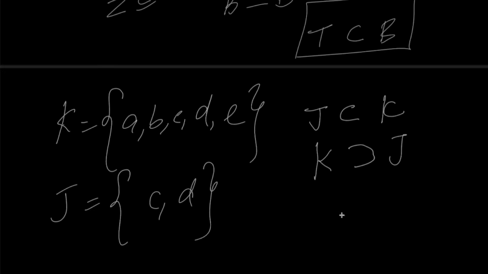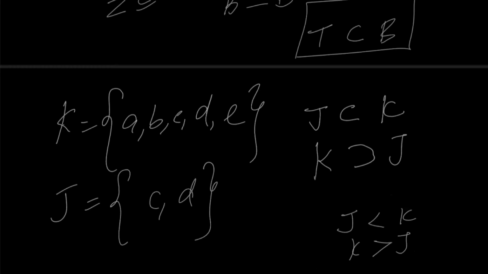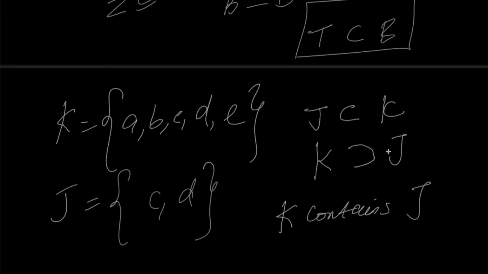It's like J is less than K or K is greater than J. But we don't use this language in sets. We use subset or superset. We can say that K is a superset of J, or we say K contains J, because all the elements in J are found in K. K contains J, or K is a superset of J. Superset.